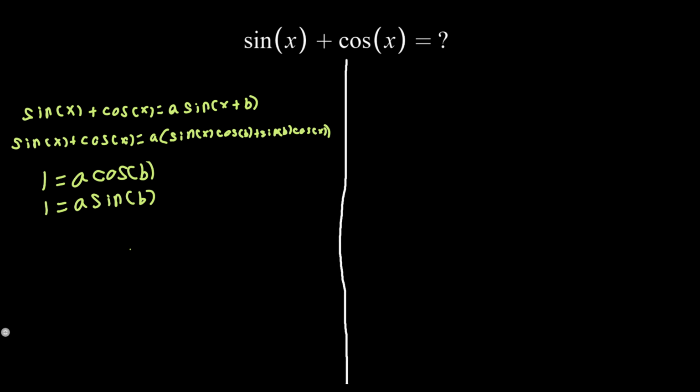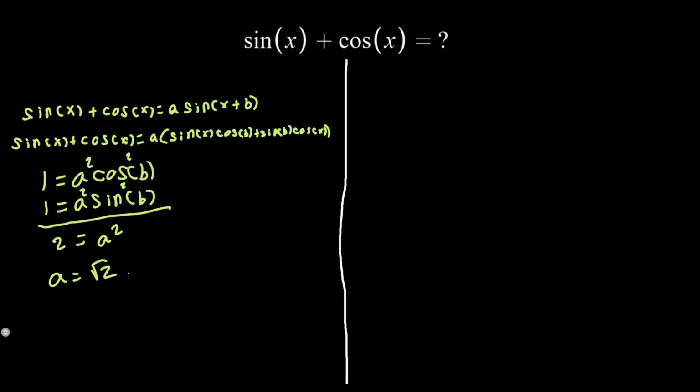What I want to do is square the top and bottom equations, so that if we add both equations, it gives us 2 is equal to a squared, because sine squared plus cosine squared is 1, where a is the square root of 2.